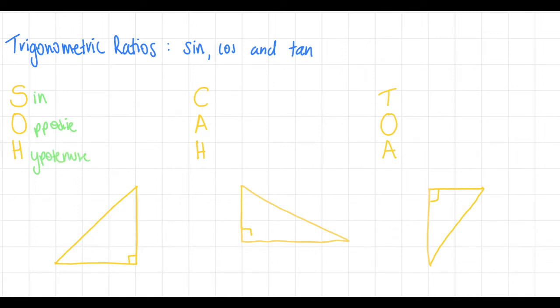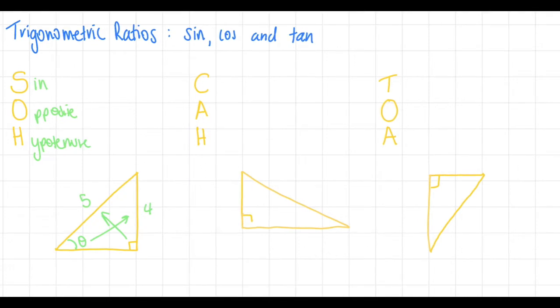If we have this unknown angle here, the hypotenuse is this one, which will make 5, and the opposite is the side opposite the angle, 4. So we can therefore say that sine theta is 4 over 5, because it's the opposite over the hypotenuse.